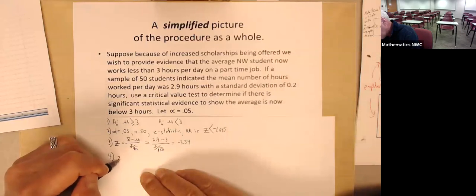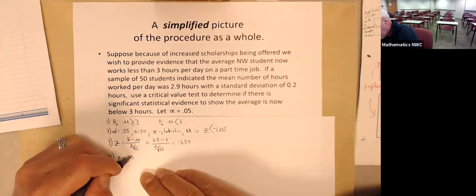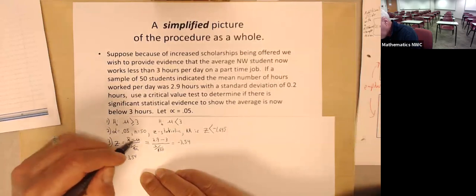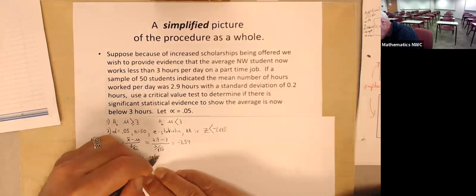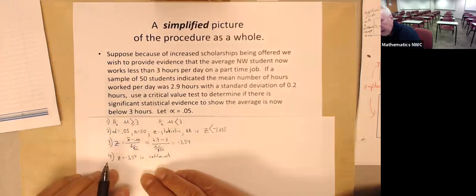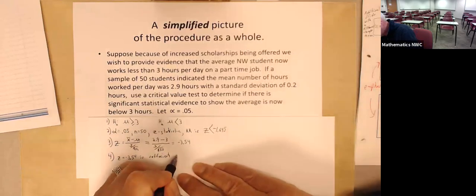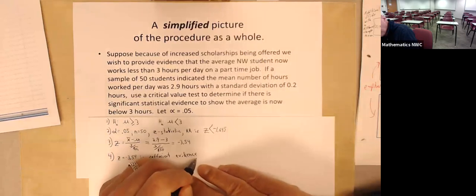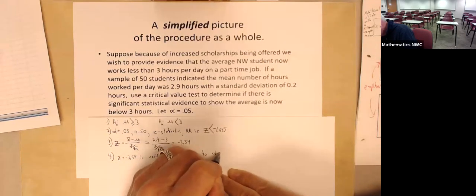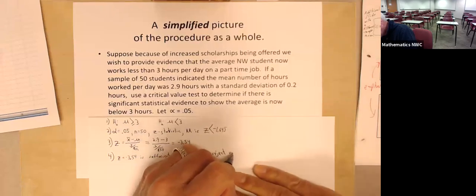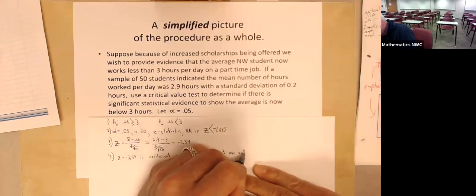I start by repeating the z value, z equal to a negative 3.54 is sufficient evidence to reject our null hypothesis.